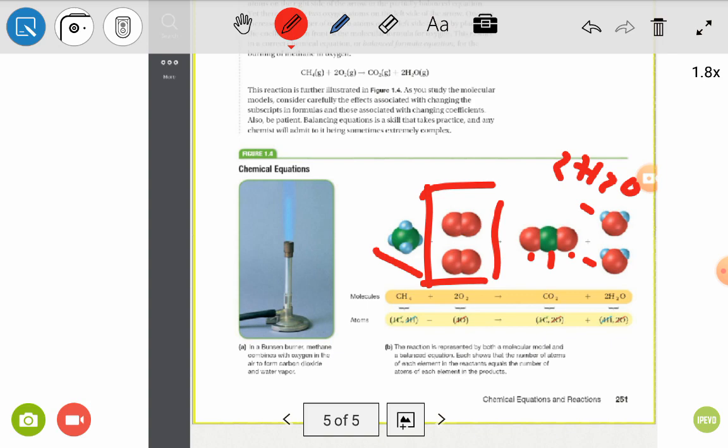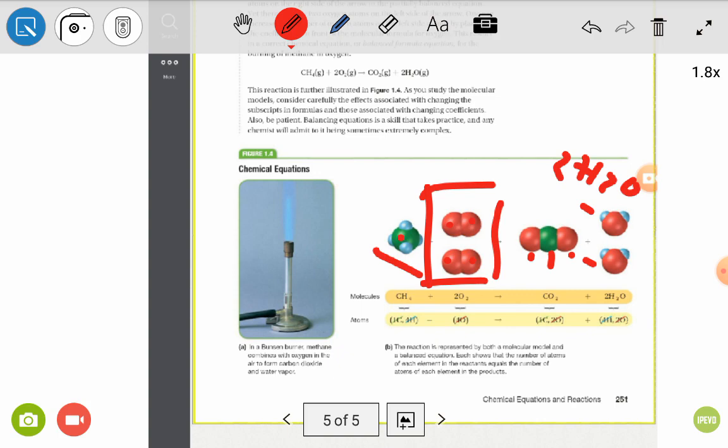In that case, we are using heat as an effect to produce a chemical reaction between methane gas, or methane molecules, when they react with oxygen, 2O2, producing carbon dioxide gas and water. 1 carbon atom, 4 oxygen atoms, and 4 hydrogen atoms.